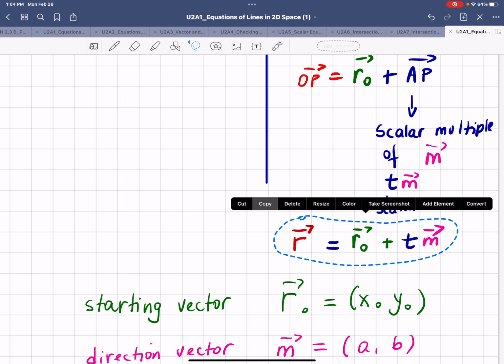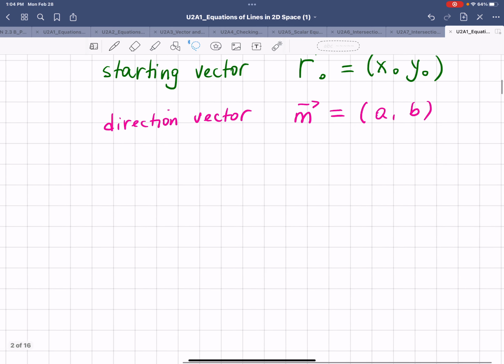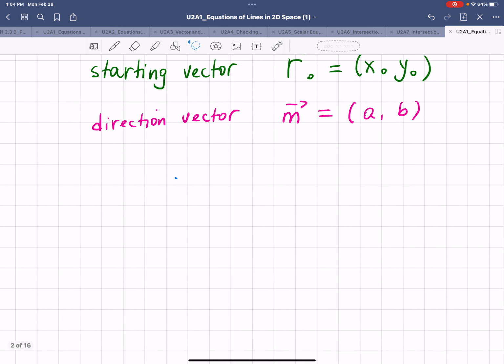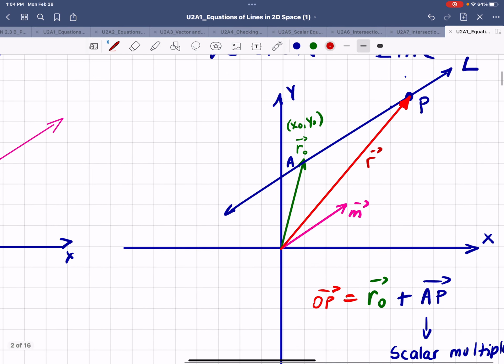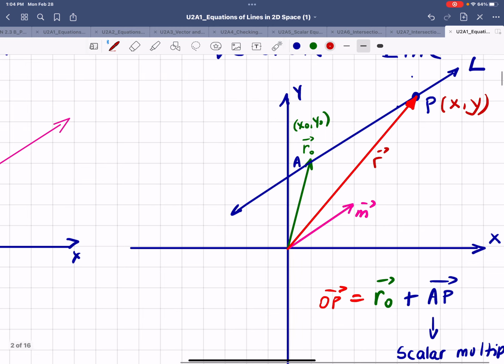Remember that R can be anywhere on the line. So we're going to say that this point P here would have the coordinates x and y.